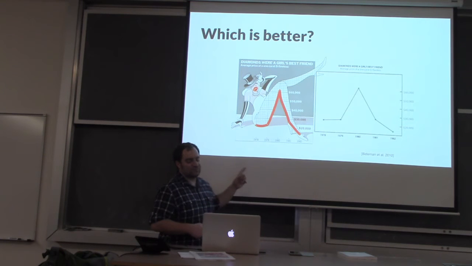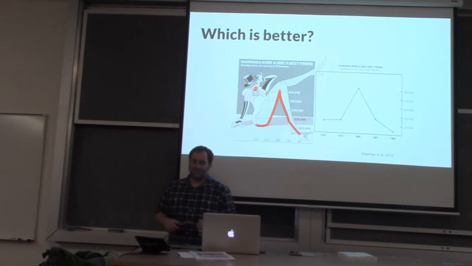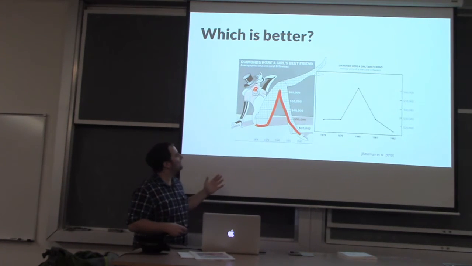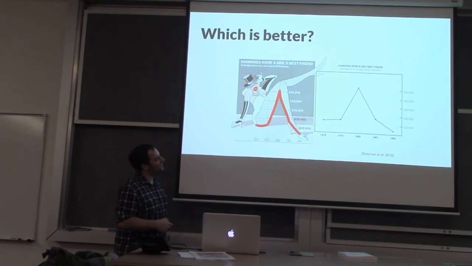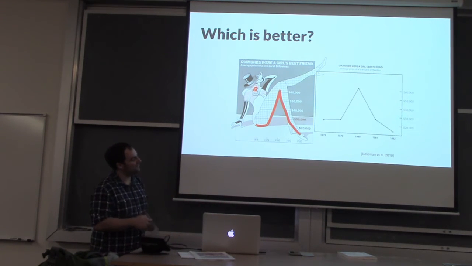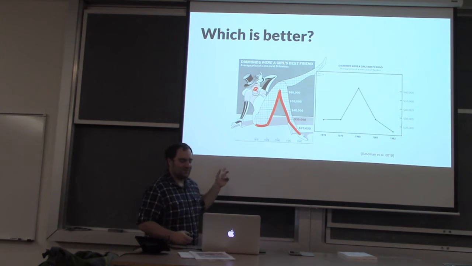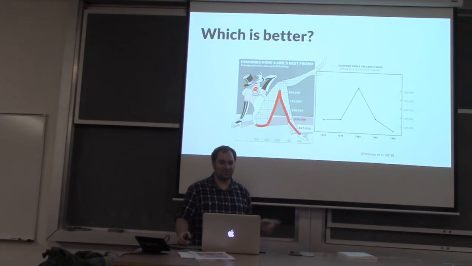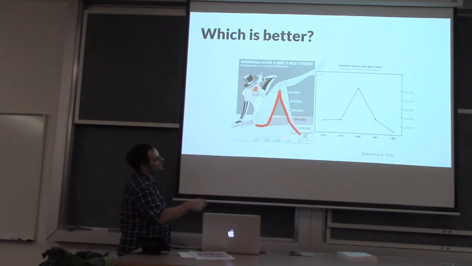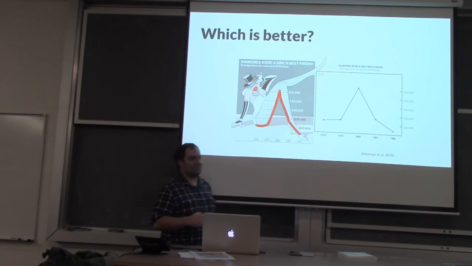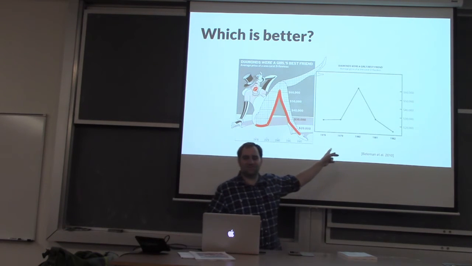So which of those two is better? There are two charts. One of them is about diamond prices, and this is a graphic by Nigel Holmes, a famous newspaper illustrator of these classical graphics. So here we have one chart, and here we have the other chart. Who thinks this one is better?